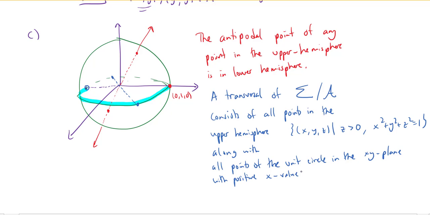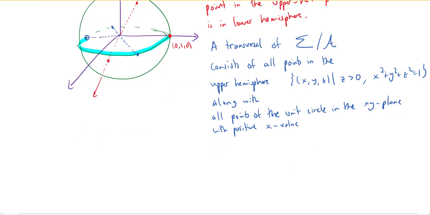Now if I say it like that, I'm going to be leaving out this one point here. So we'll have to include that. But let's write this again. So this is all x, y, 0 now, such that the x is positive and x squared plus y squared is 1. So then along with, and now here's our last point, along with 0, 1, 0.